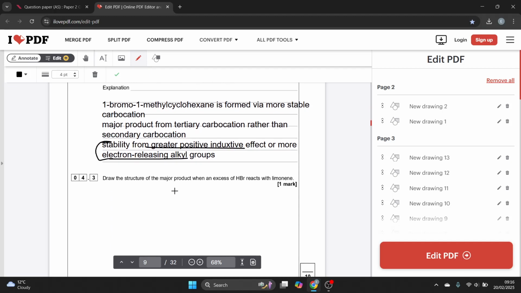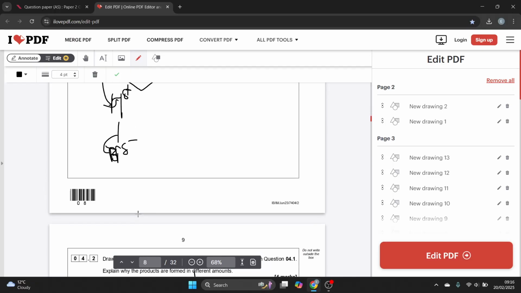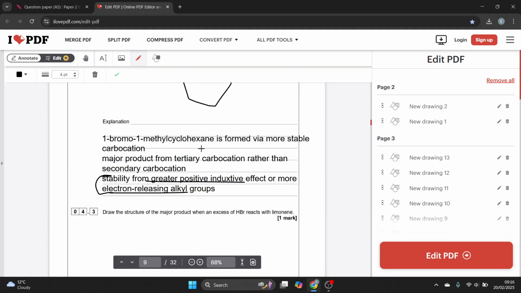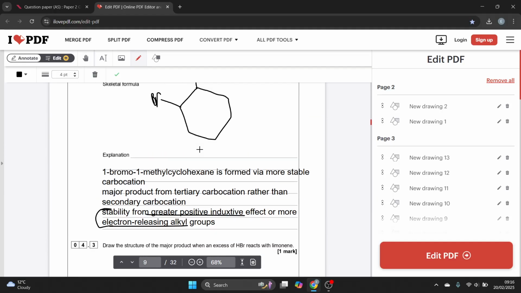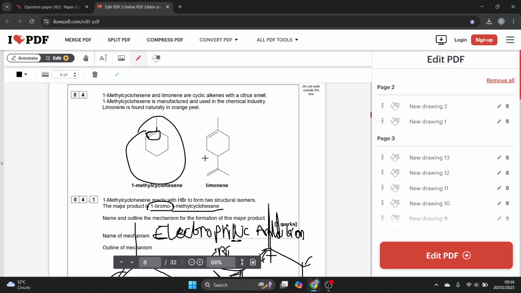Then talk about stability from greater positive inductive effect or more electron-releasing alkyl groups. Next, draw the major product when an excess of hydrogen bromide reacts with limonene. So this is limonene. Here's where the double bonds are. In this case, it's got 2 double bonds.